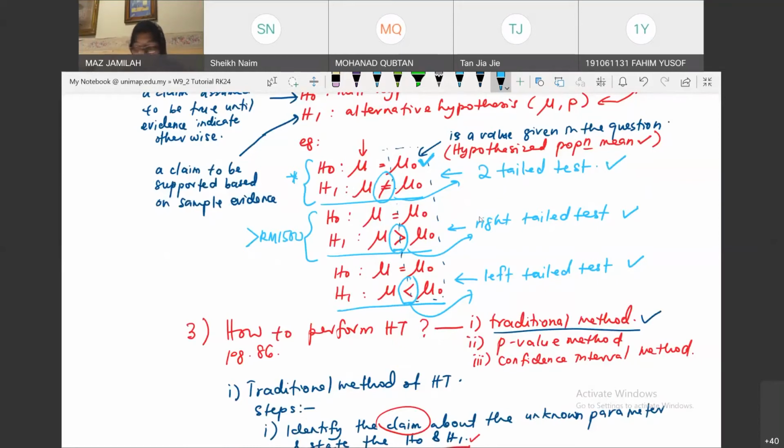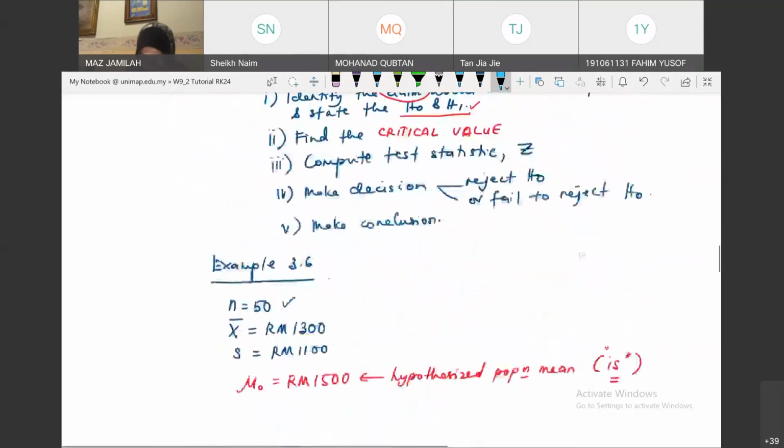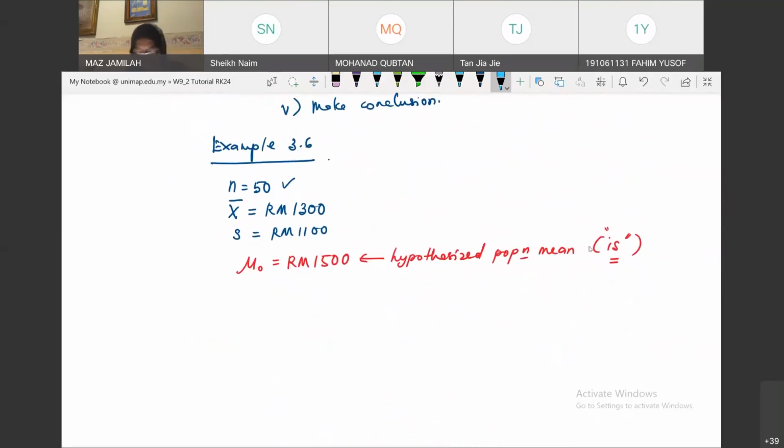If the question asks, is there sufficient evidence to reject the claim that the mean of yearly expenses is smaller than RM 1,500, then this will be the pair of H0 and H1 that will be used in your statement.